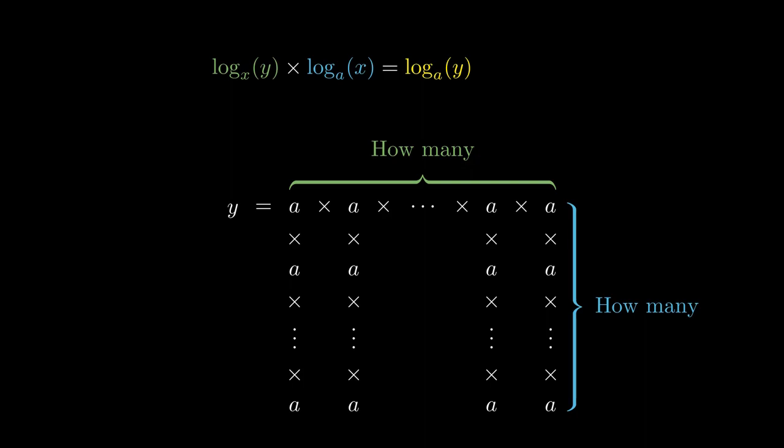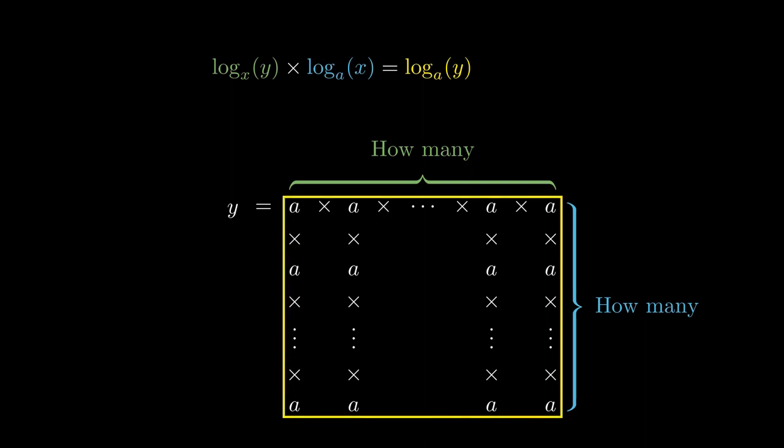So by the time you've multiplied these 2 logs together, you've effectively counted how many copies of a the number y is made of, still in the world of multiplication, by the way, which is exactly what log base a of y on the right-hand side there is.